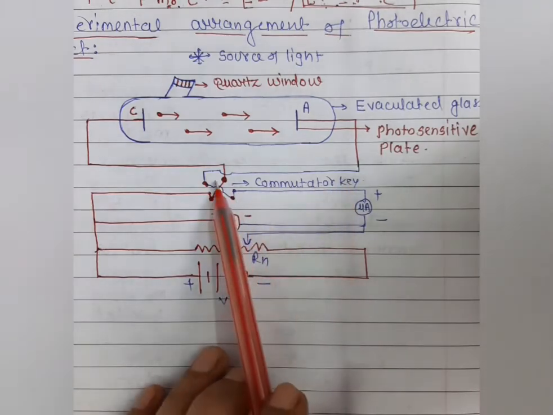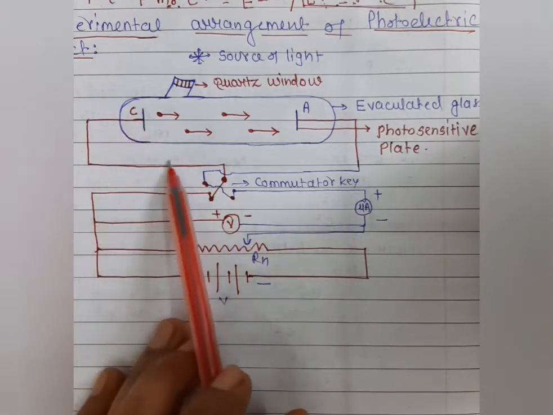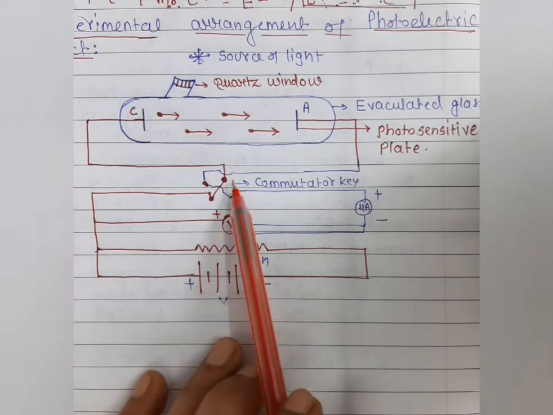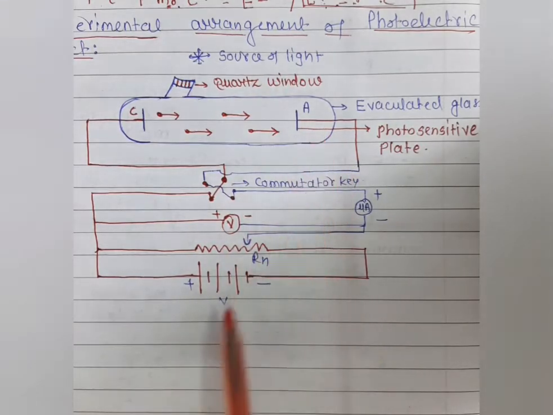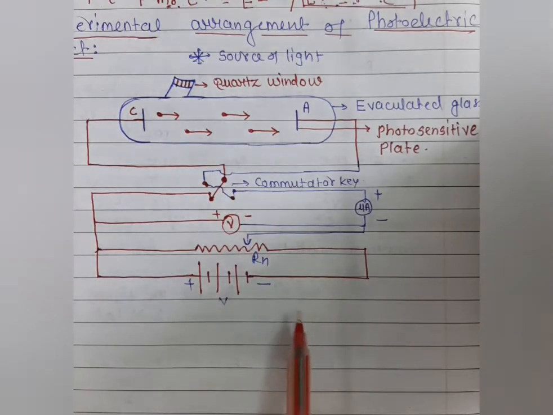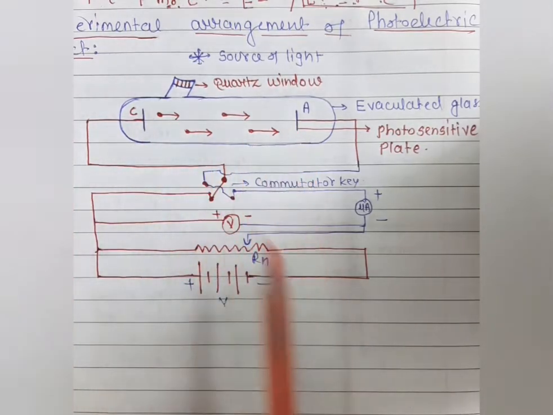I will explain what the commutator key is, students. One terminal of this key is connected with this plate, and the other terminal is connected with this plate. So let us look at this connection so you can understand how the key works. When we apply a potential across these two metal plates, what happens?